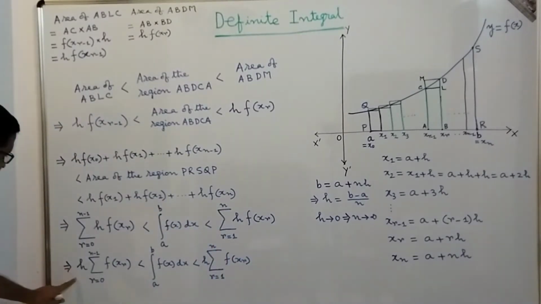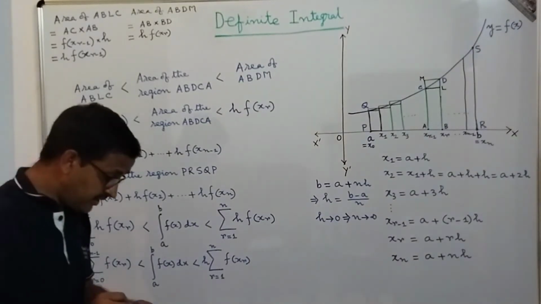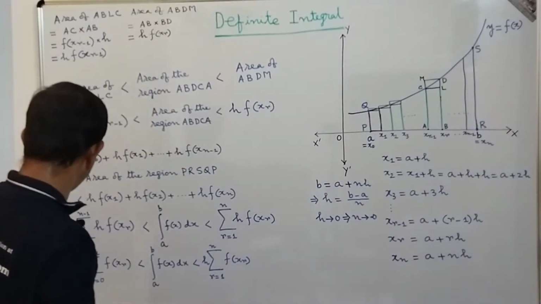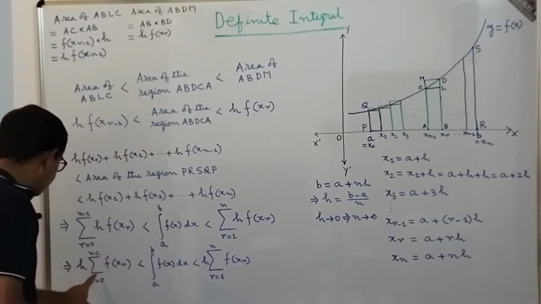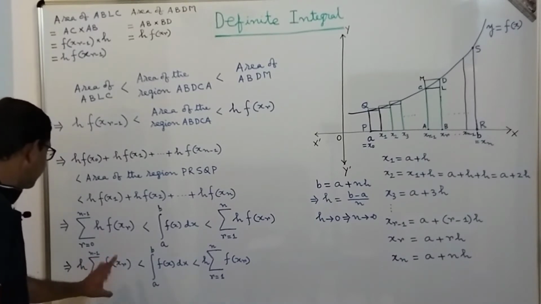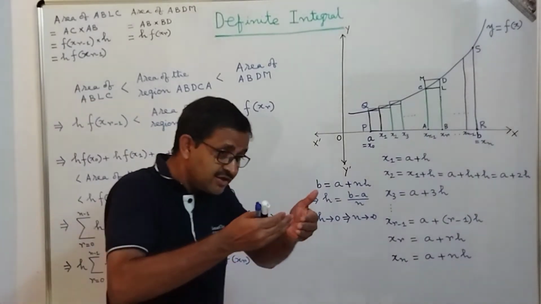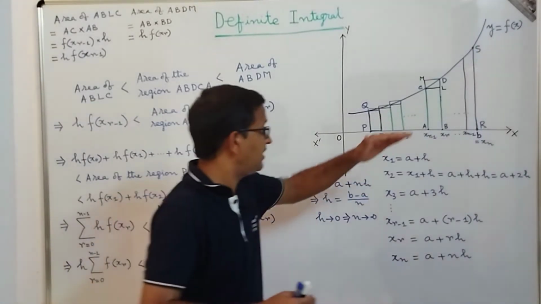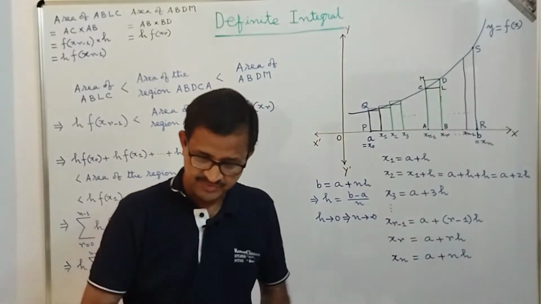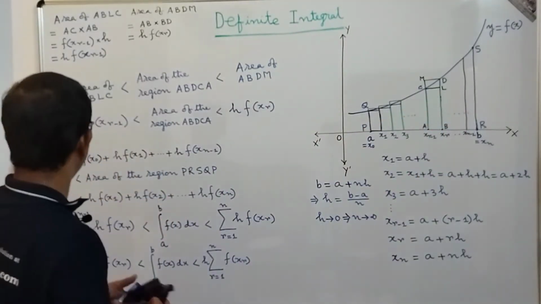Okay, so this is the thing we get. Now dear students, what is h into summation r equal to 0 to n minus 1 f(xr)? That is the sum of the areas of all the lower rectangles. So let us define this as small sn.